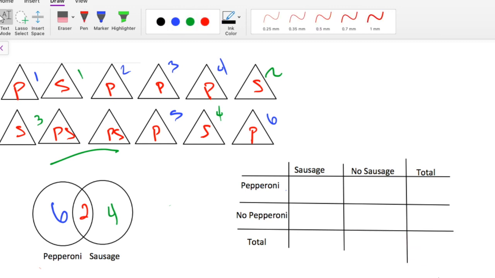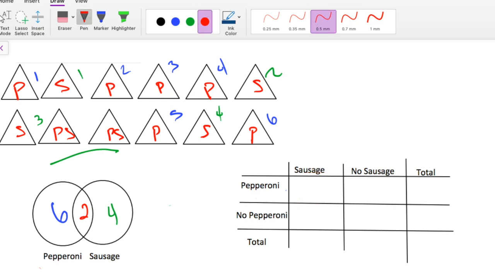Now, how do we go about filling out this complicated chart that we're learning to solve? So as we know, we read from left to right and top to bottom. So that being said, we see here that we have a sausage and a pepperoni. So if we go from left to right, top to bottom, this square right here would be the first square.